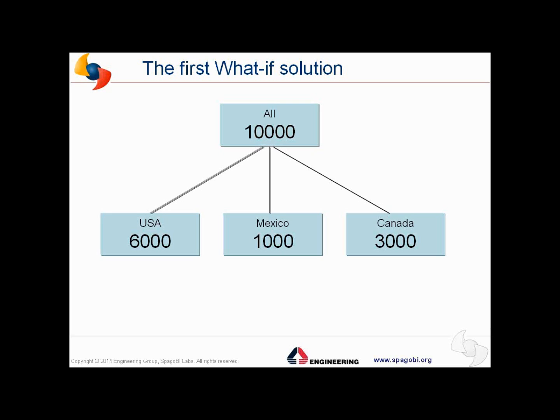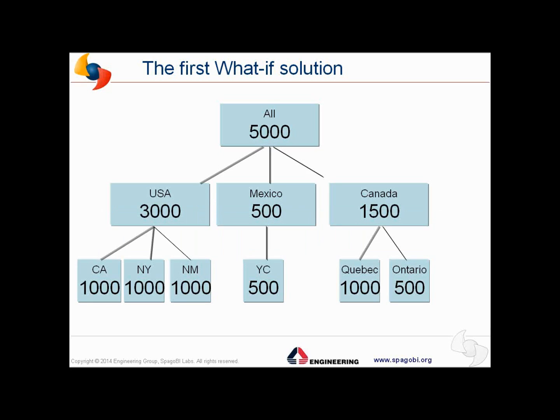Here I see the value doubled, so here I have 10,000, and I see that also the values of the children will be doubled. Okay. Here I have 10,000, here I have 6,000, 1,000, 3,000. In the previous version, before I applied the algorithm, I had 3,000, and now I have 6,000.